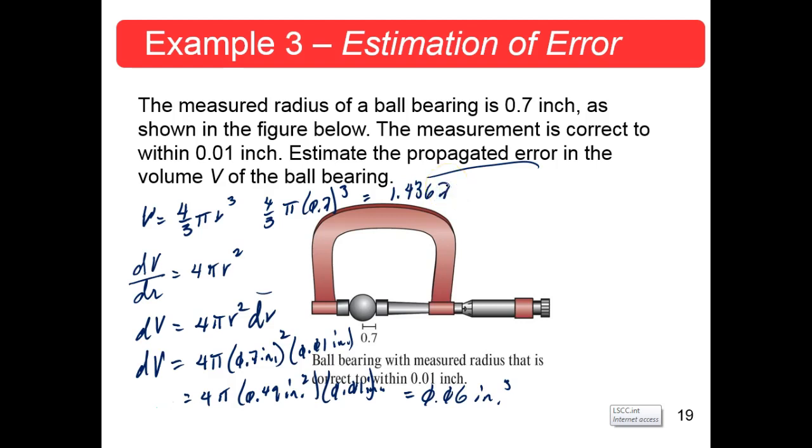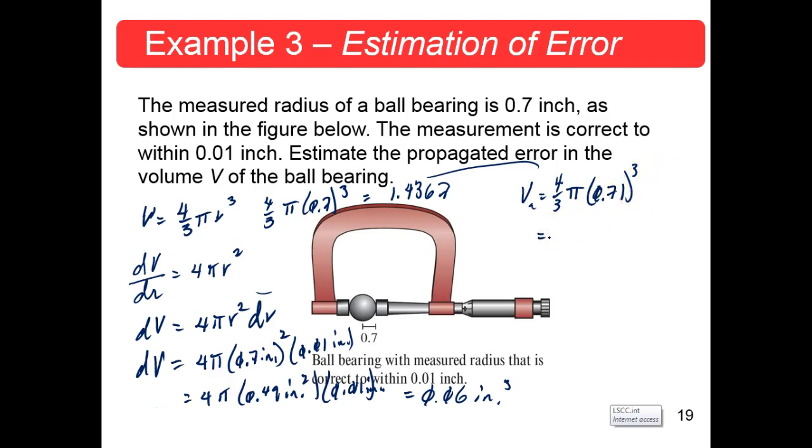Okay. Now, let's do the, I'm going to call it actual. What if it was 4/3 pi times 0.71 cubed? Okay.